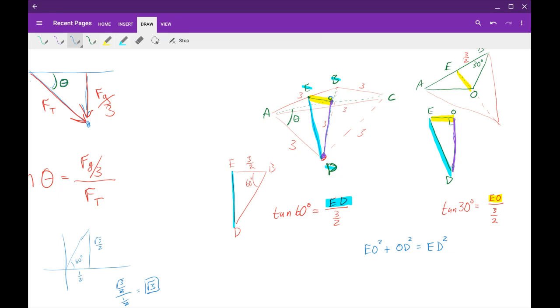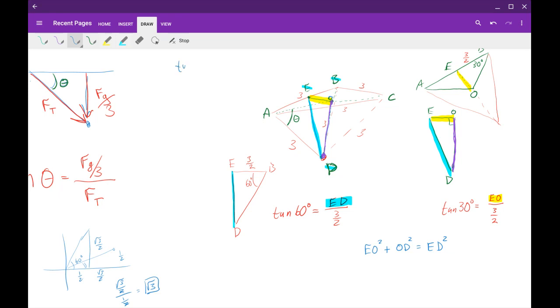And the tangent of 30 is the reciprocal of that, because 30 has a 1/2 as its opposite side and a square root of 3 over 2 as its adjacent side. And so it's 1/2 over the square root of 3 over 2. So basically the tangent of 60 is the square root of 3, and the tangent of 30 is 1 over the square root of 3.